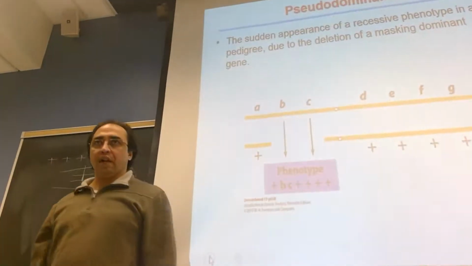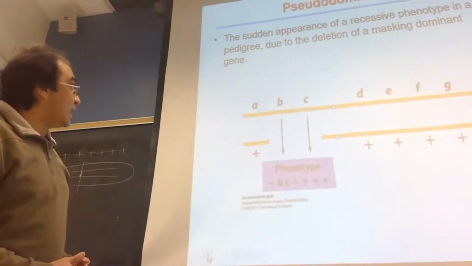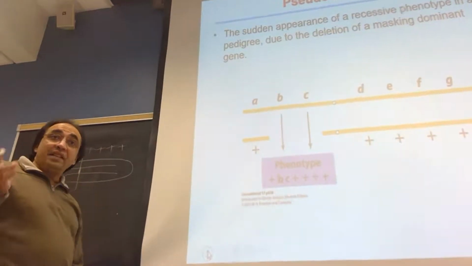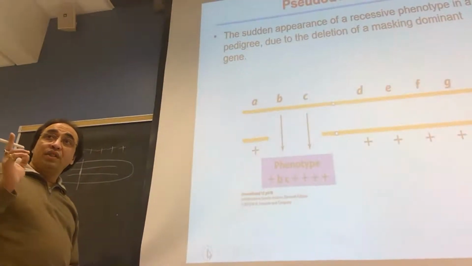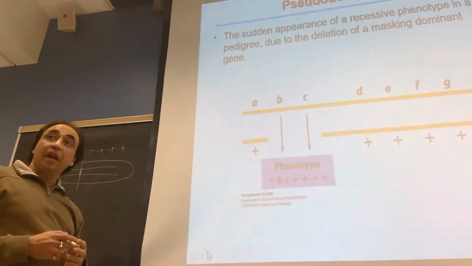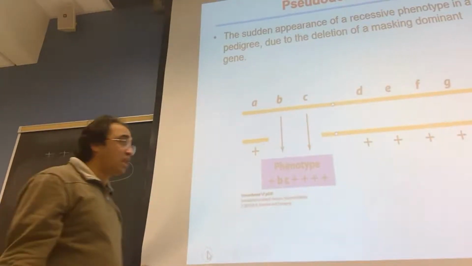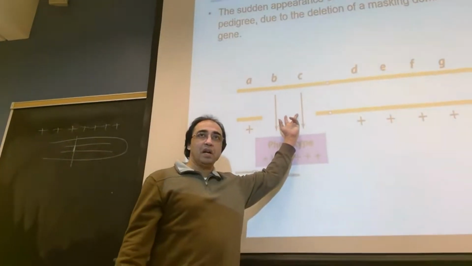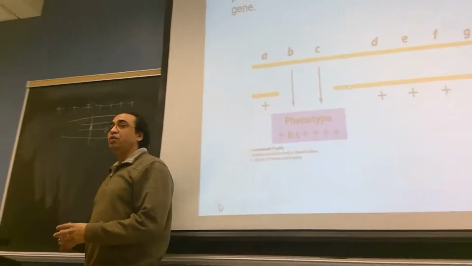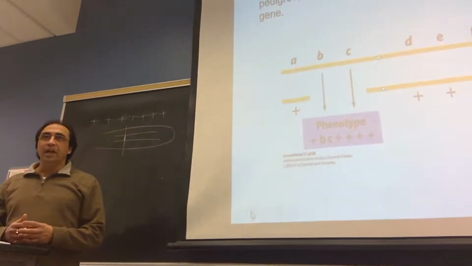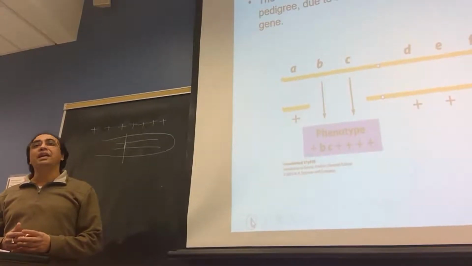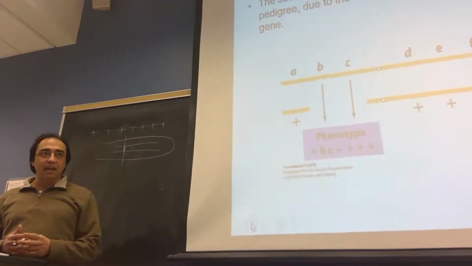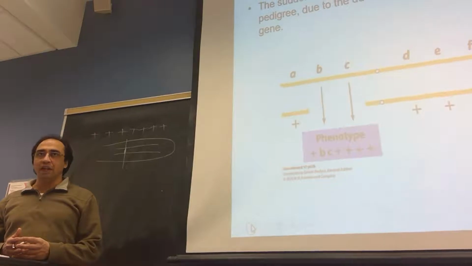There should be no expression of the b and c recessive genes, but we are getting it just due to the deletion of this part. This is called pseudodominance. It should not be dominant, but it is dominating right now, that's why it is called pseudodominance.